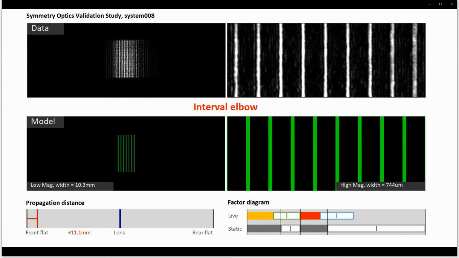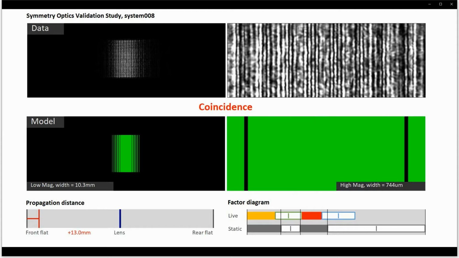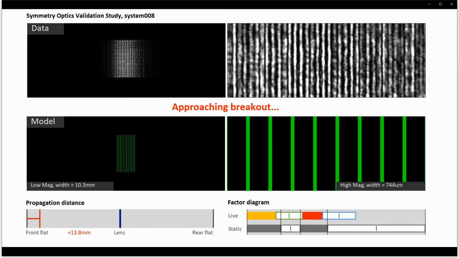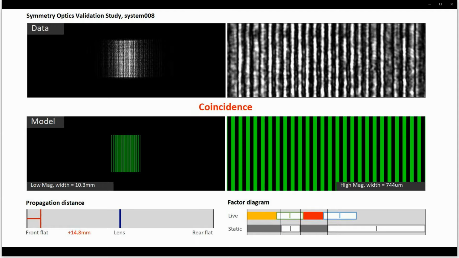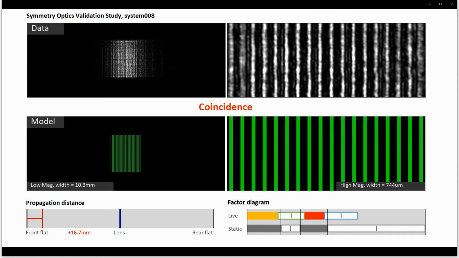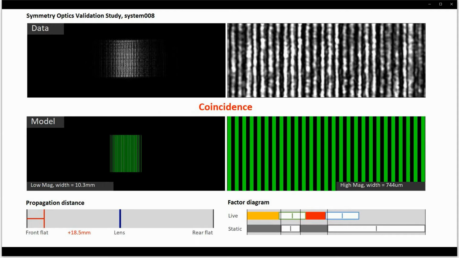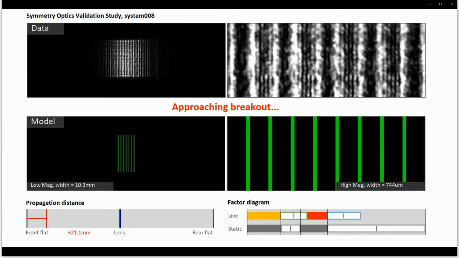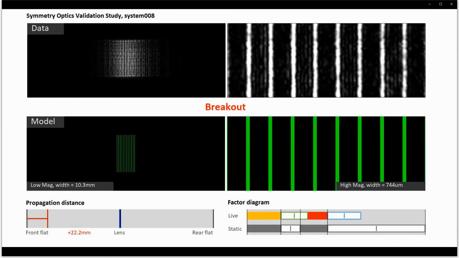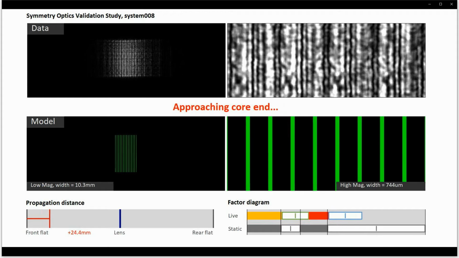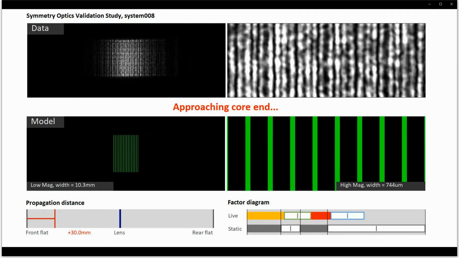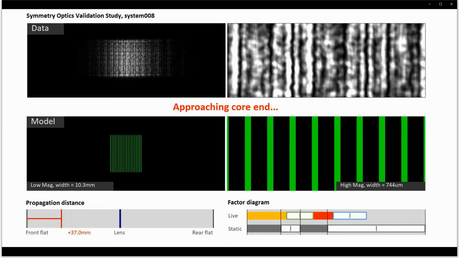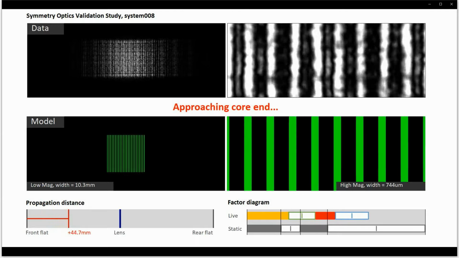The interval elbow. More coincidences. Eventually, we get to breakout. Then stripe and array both get wider, so now there are changes at both magnifications.